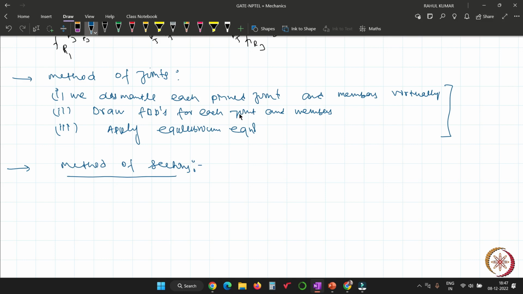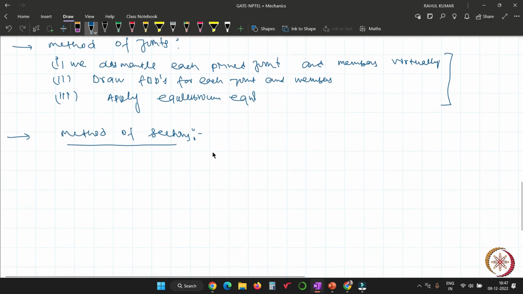But you have to separate all those members and apply equilibrium equations in all joints. So that is the disadvantage. Suppose you want to determine the force in a specific member, and you do not need to find the forces in all members. For that purpose, you have to apply the method of sections.